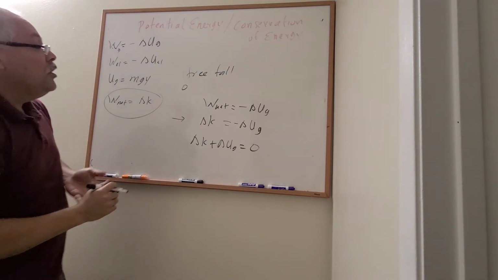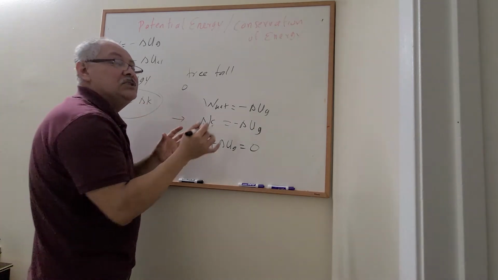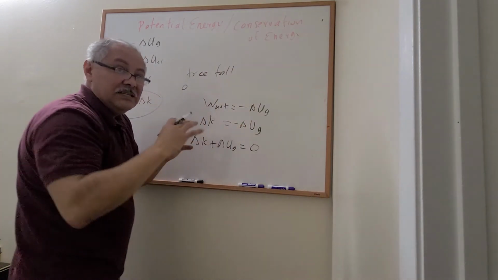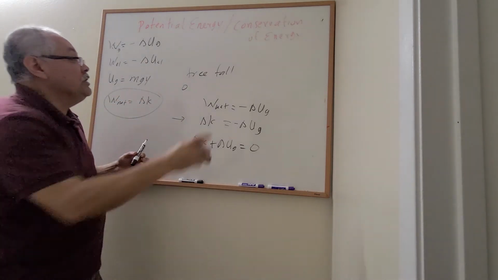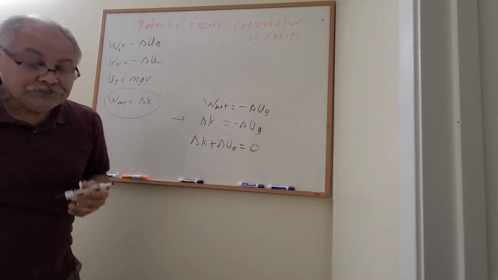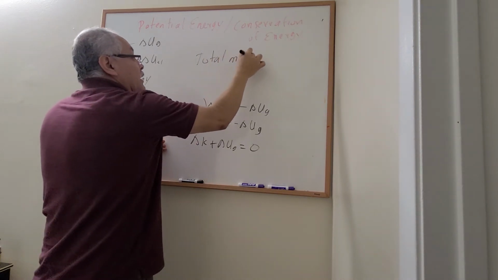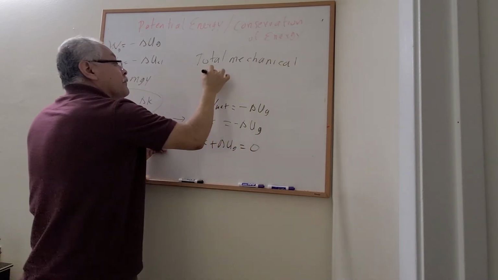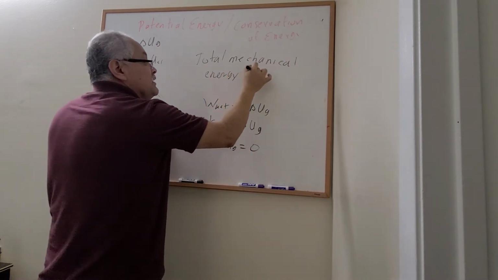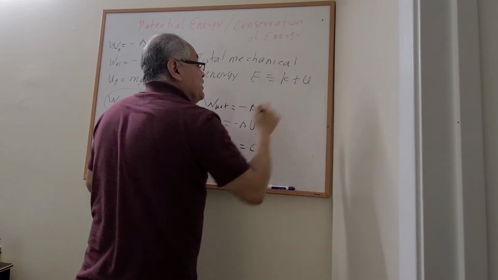Now, when we are dealing with kinetic and potential, when we add these two energies, we call this the total mechanical energy. The total mechanical energy, with this symbol, is defined as the kinetic plus the potential energy.